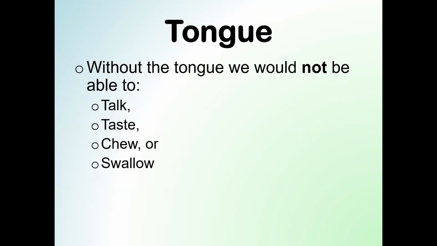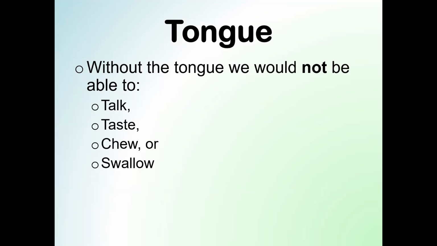The tongue is essential. We need it for talking, for tasting, for chewing, and swallowing. You can't swallow without your tongue. The food, which is chewed up and mixed with saliva, the tongue pushes it back, and that's how you swallow. Then the other muscles in the esophagus take over. You can't chew without the tongue.